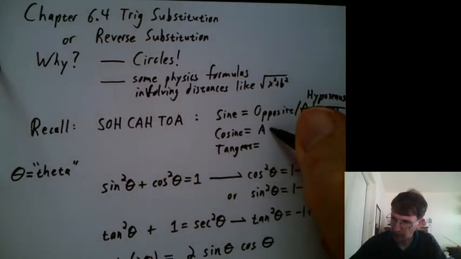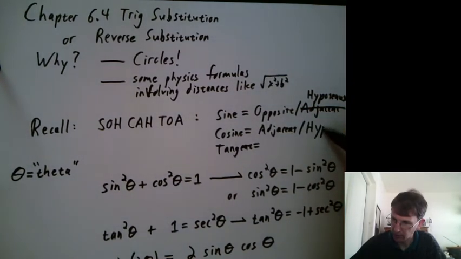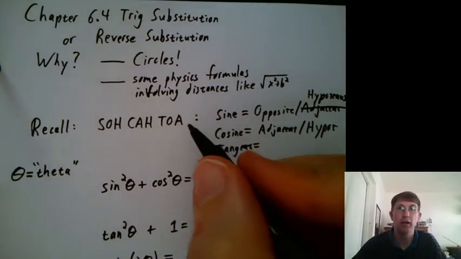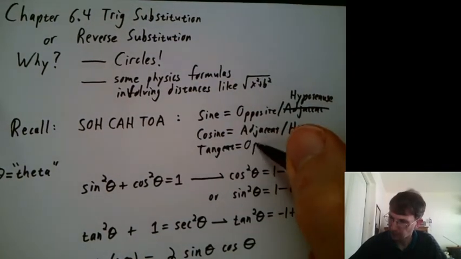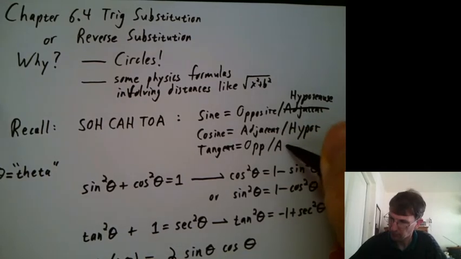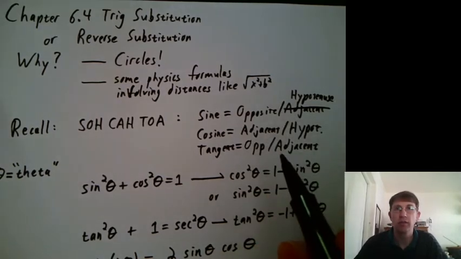Cosine is adjacent over hypotenuse. And then tangent is opposite over adjacent. So we'll be using those in various combinations.